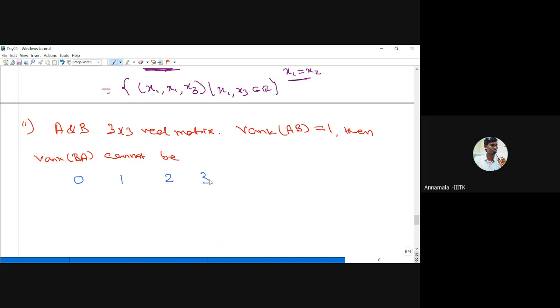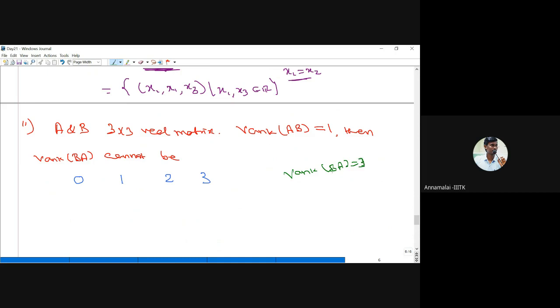A is a 3 by 3 matrix, B is also a 3 by 3 matrix. Therefore AB is also 3 by 3, and BA is also 3 by 3. I am saying that it cannot be 3. Why? Suppose the rank of BA is 3.